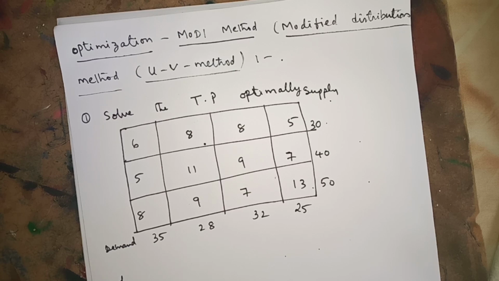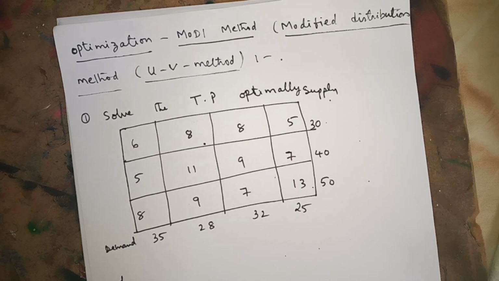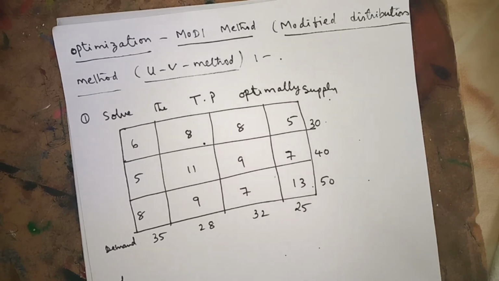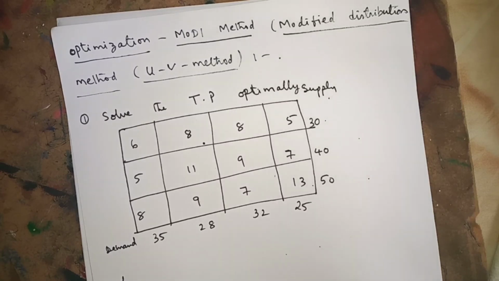But out of these three methods, VAM, Vogel's approximation method is very much preferable. Why? Because with Vogel's approximation method, you will get minimum transportation cost comparatively with the least cost method and northwest corner rule. That's why I always prefer doing Vogel's approximation method.